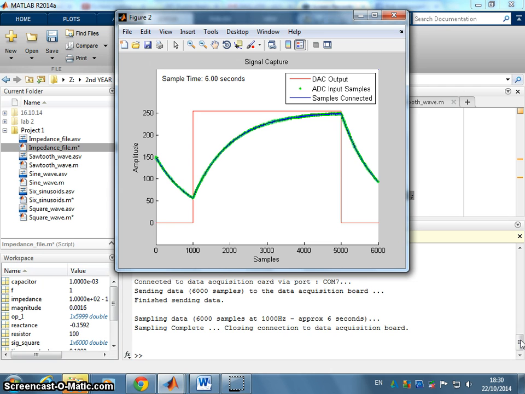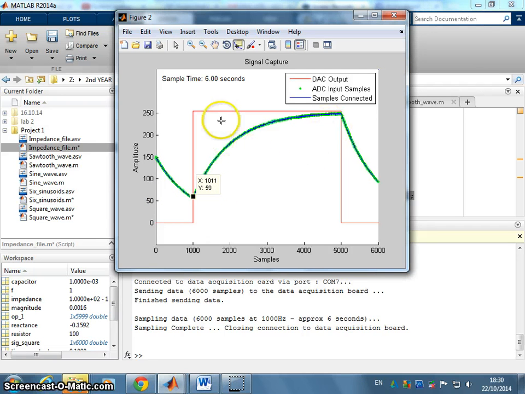So there you go. We can see that the capacitor did not reach a fully discharged state yet, and here it's at 59. Should be at 0, or around 0 actually, I should say.